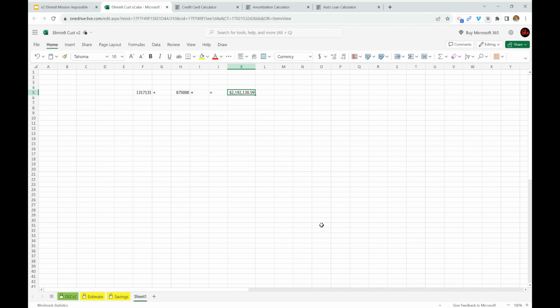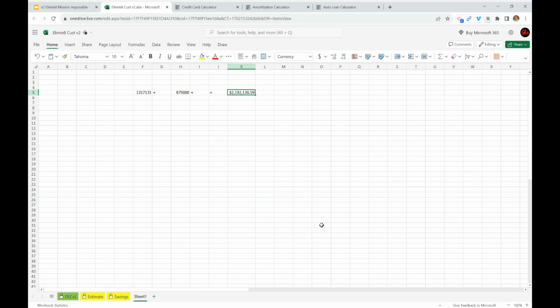In 30 years. So think about it, guys, right? In 30 years, at when you retire, you'll have about $2.2 million of asset.